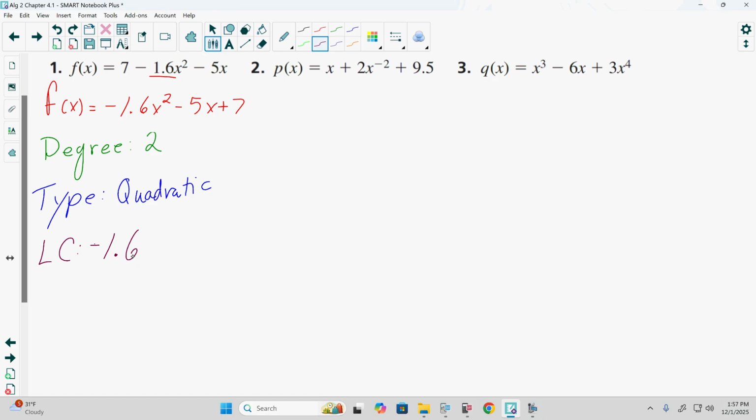It would not be a polynomial function. So we feel comfortable with identifying polynomial functions, and if they are polynomial functions, degree, type, and leading coefficient. All right, we ready for the next part?